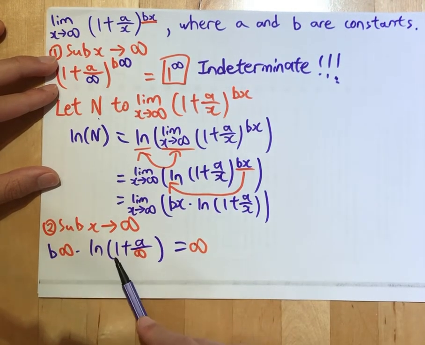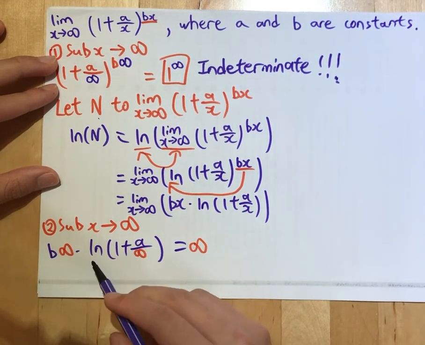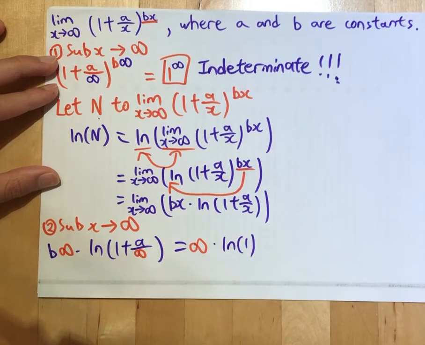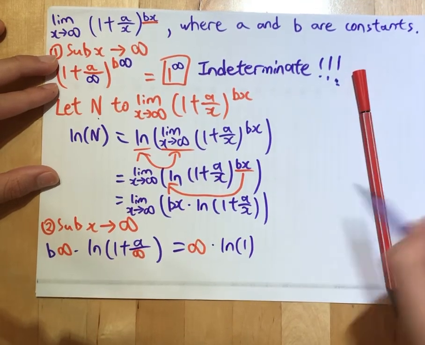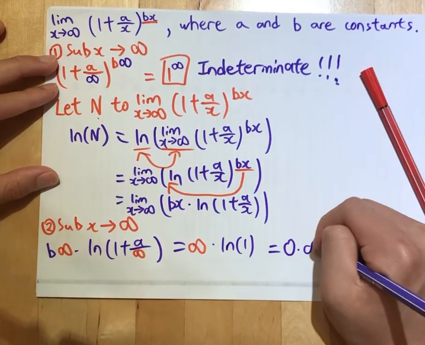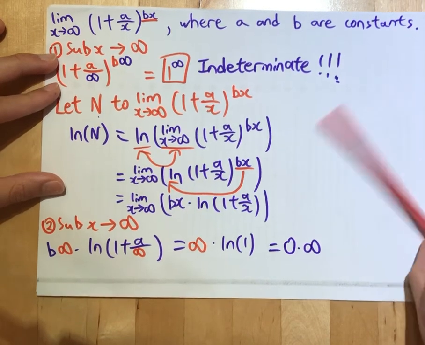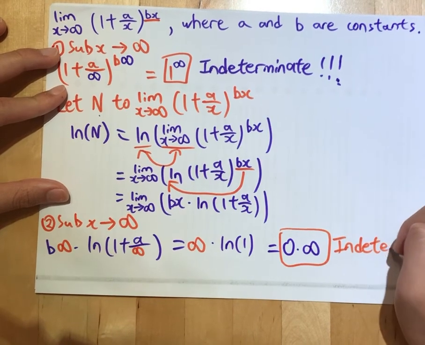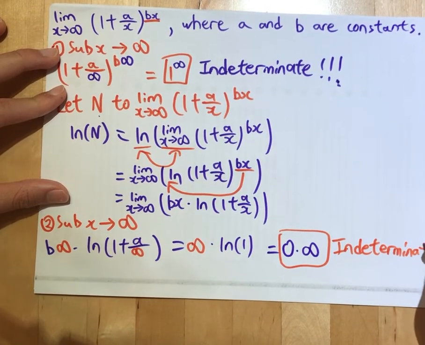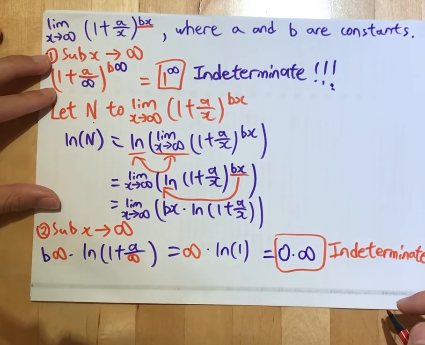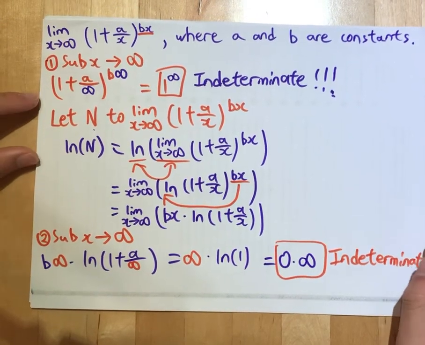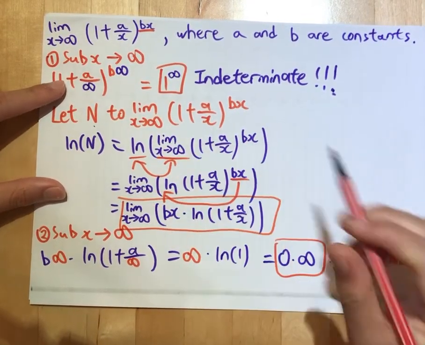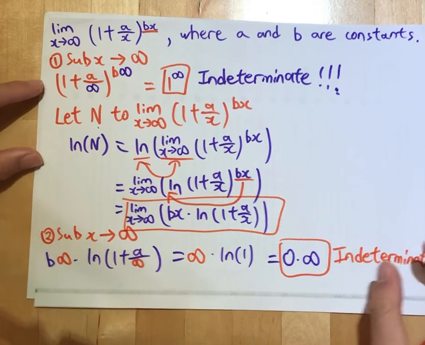And then 1 plus 0 is 1, but natural log of 1 is 0, so we end up getting 0 multiplied by infinity. Now this right here is also indeterminate. So we need to do more work on this limit.